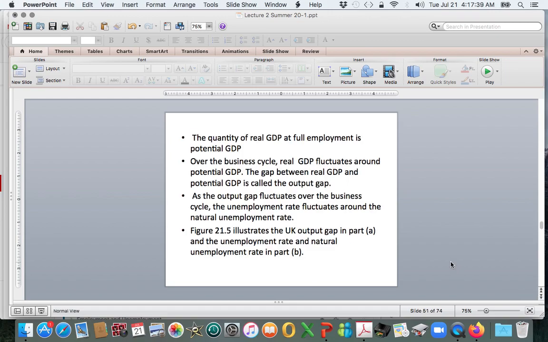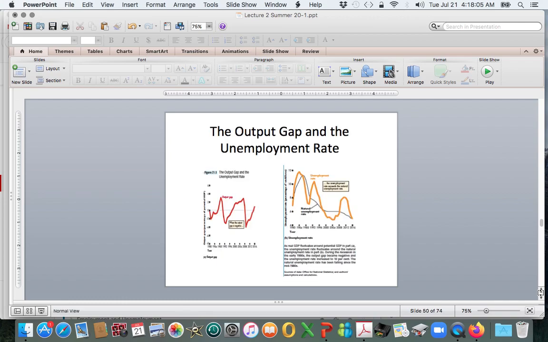So let's elaborate a little bit about the quantity of real GDP at full employment. We've already defined that as one of the ways of looking at potential GDP. And we also stated that over the business cycle, real GDP fluctuates around potential GDP, and the gap between the real GDP and the potential GDP is called the output gap.